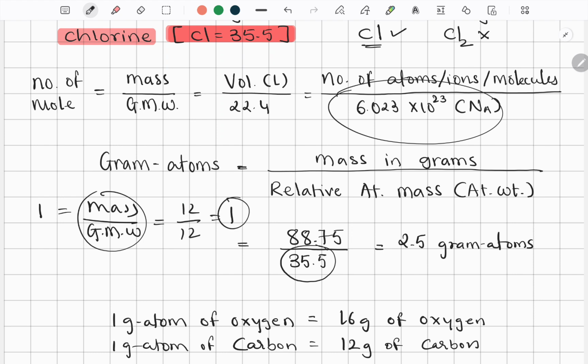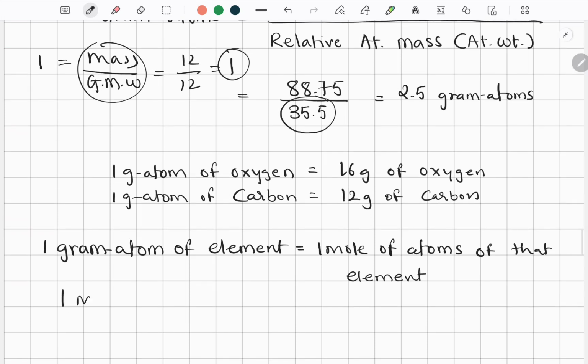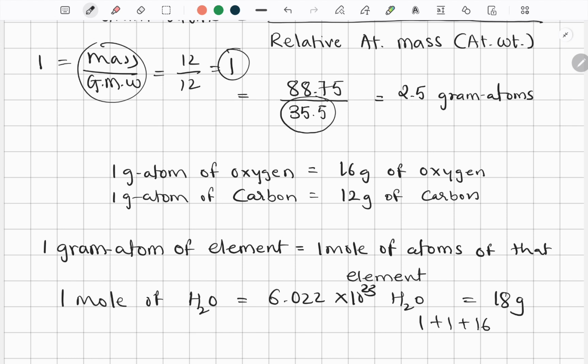So 1 mole means the mass and the molar mass are the same. When we say 1 mole of H2O, we understand 6.022 into 10 raised to 23 water molecules, which equals 18 gram. Correct? 1 hydrogen plus 1 hydrogen plus 16 oxygen, so it becomes 18.